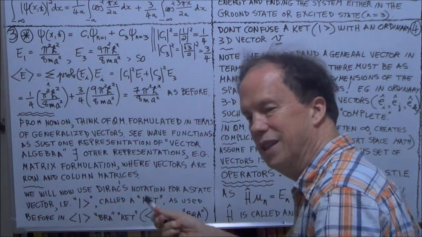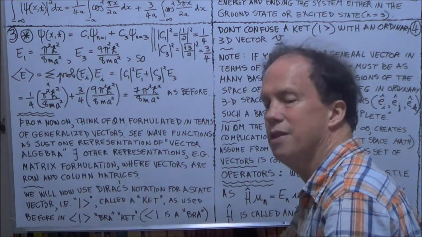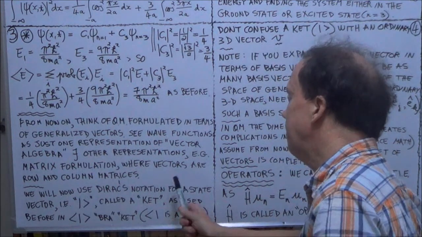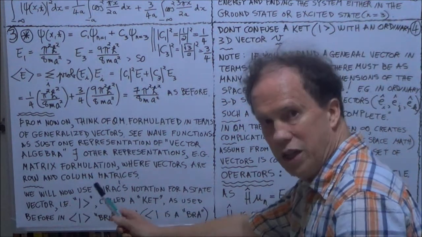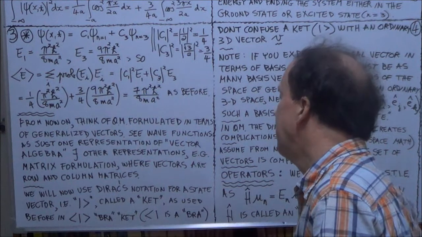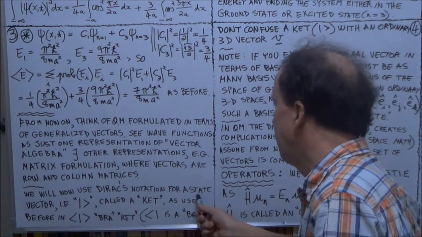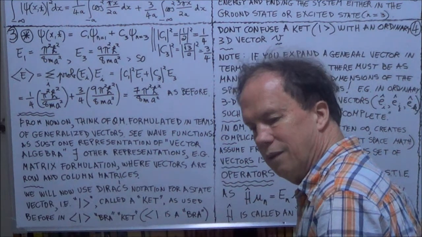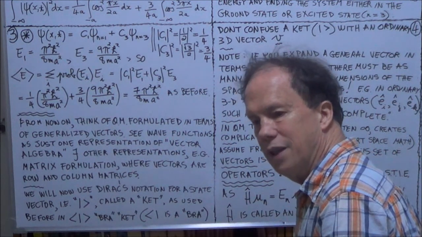We're going to start talking in those terms as the new norm. So instead of talking about a wave function, we'll talk about a vector. Now it's a state vector.